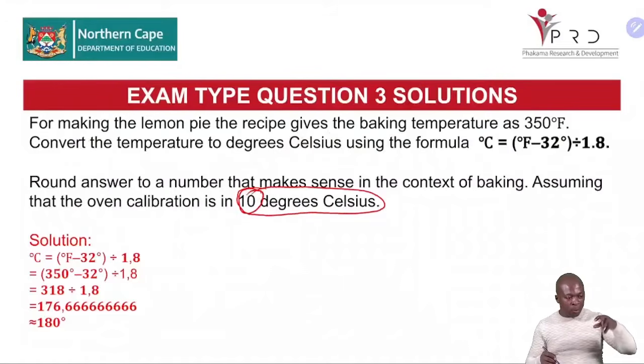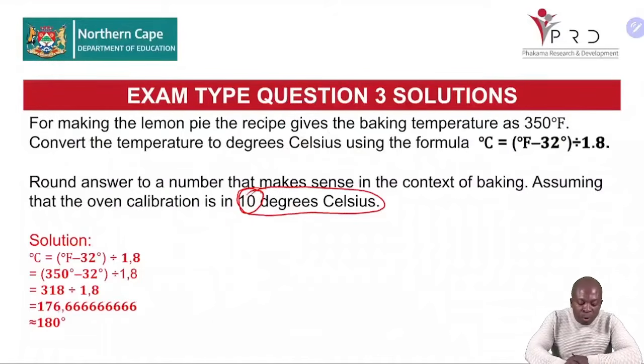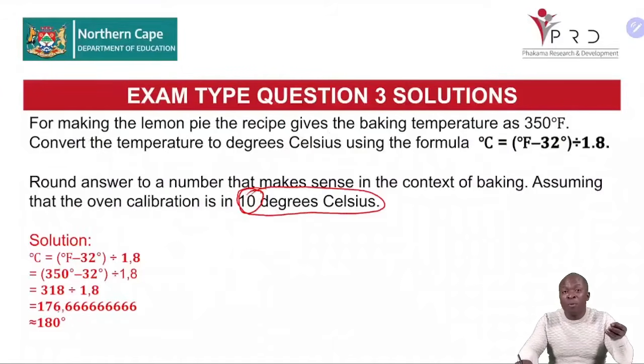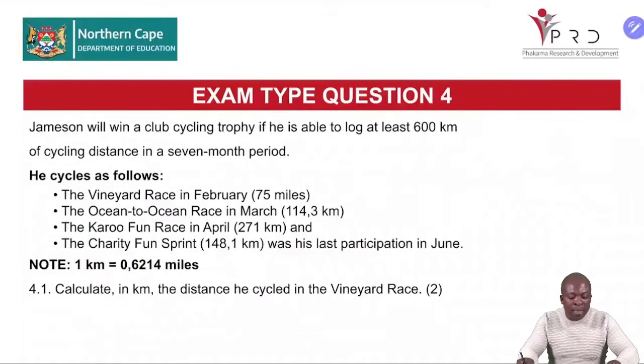So either we take to 170 or 180. But in our case here, we are closer to 180 because our value is already 176. Even if we rounded to a whole number, that was going to be 177. 177 is closer to 180 compared to 170.